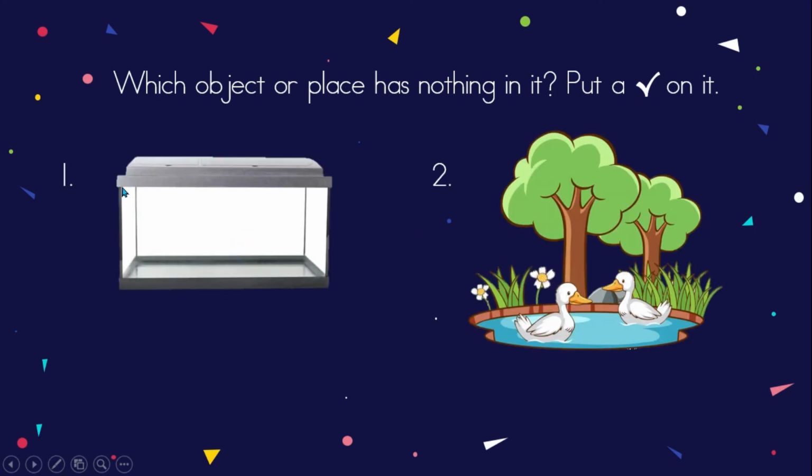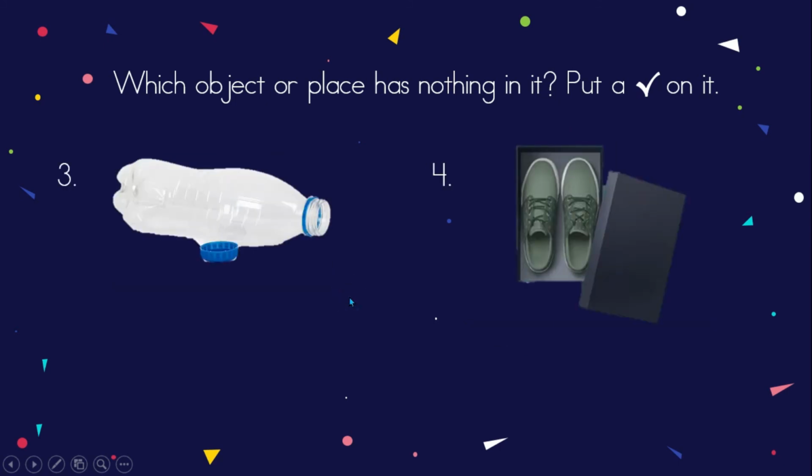So for numbers 1 and 2, which object or place has nothing in it? Very good. It's the empty aquarium. Okay, so put a check mark inside the aquarium. Okay, for numbers 3 and 4, which object or place has nothing in it?